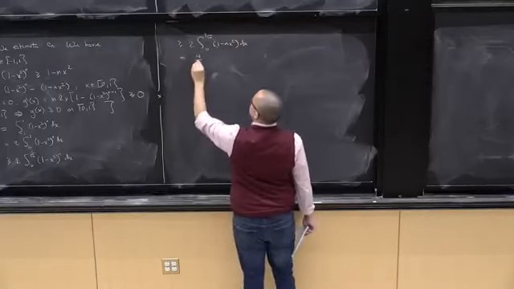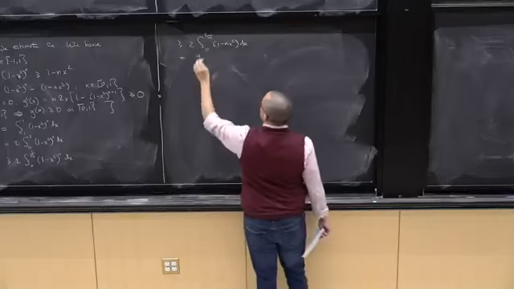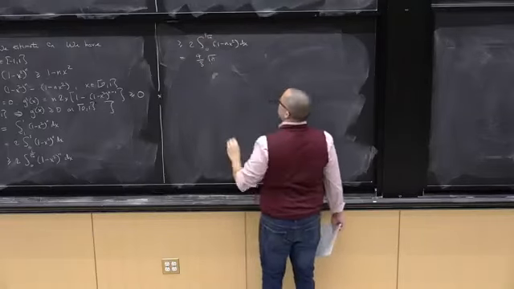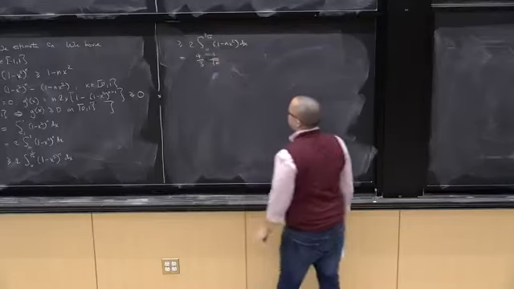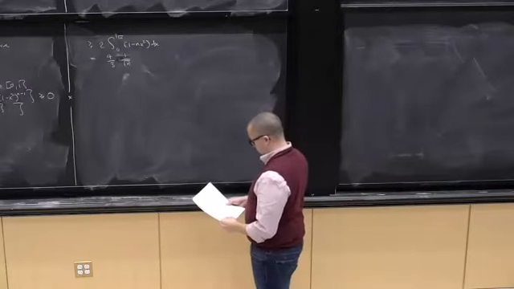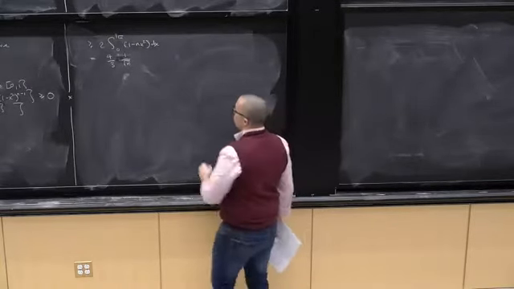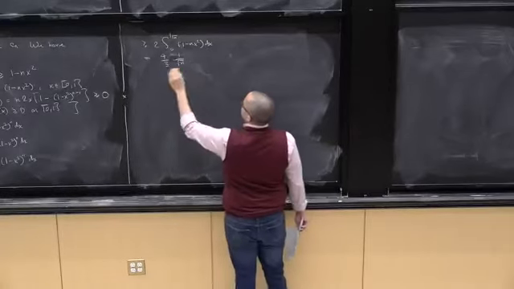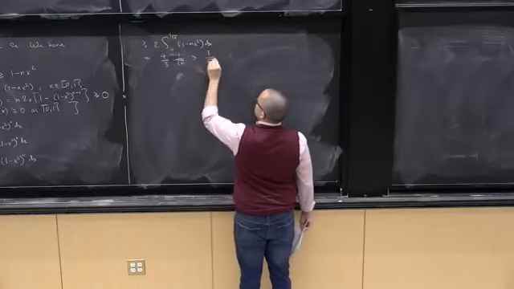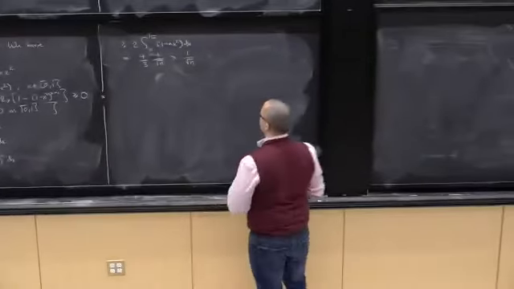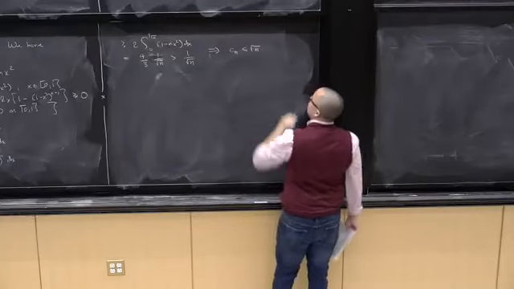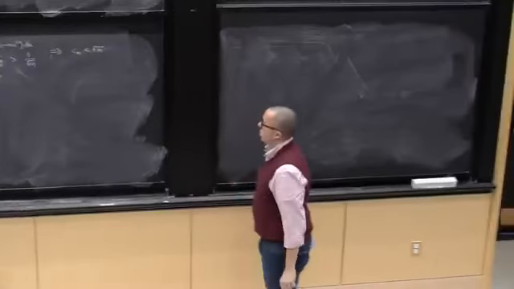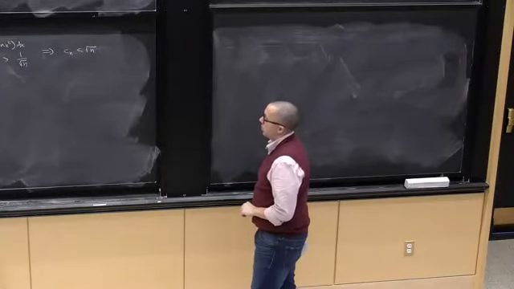And I leave it to you to verify that with this choice of endpoint, what I get is 4 over 3 root n, and this is bigger than 1 over root n. So I started with 1 over c sub n, and I showed that it was bigger than 1 over root n, and therefore c sub n is less than the square root of n. Okay?